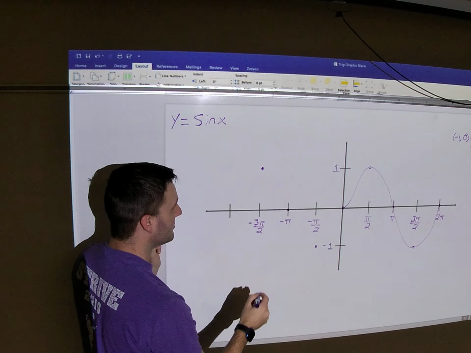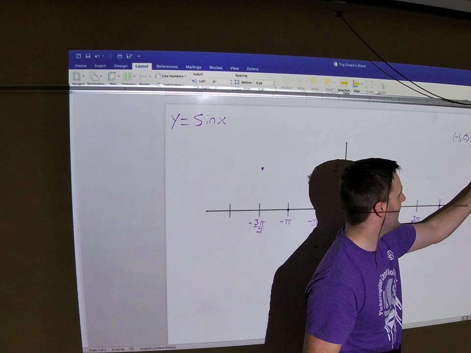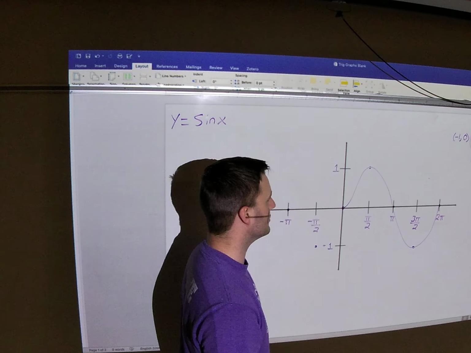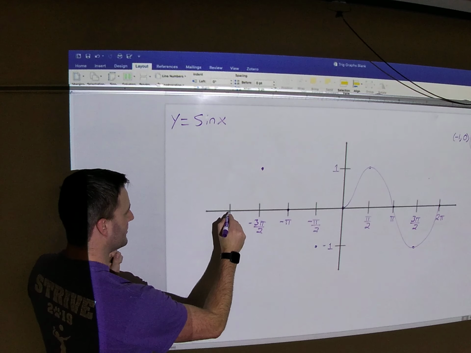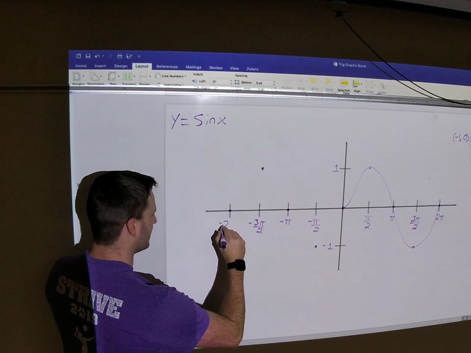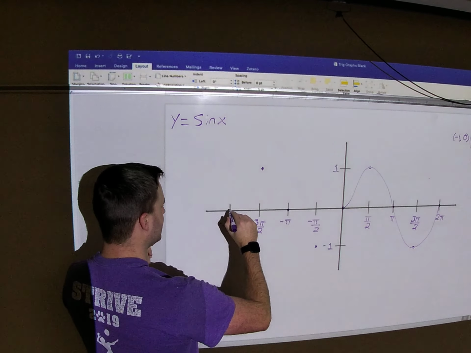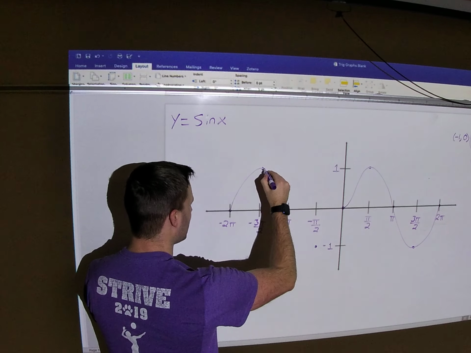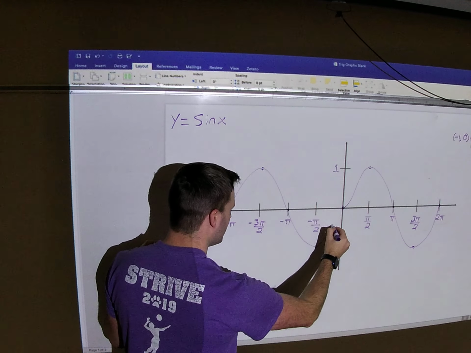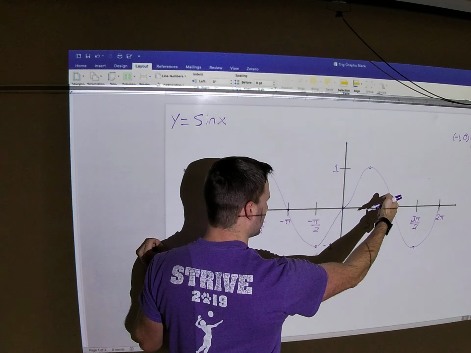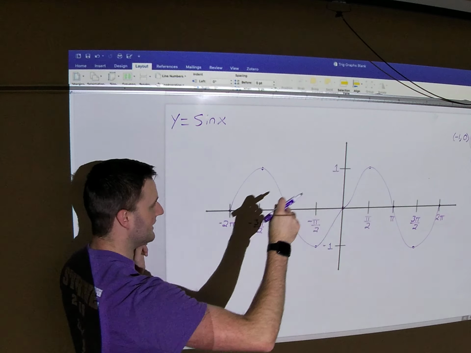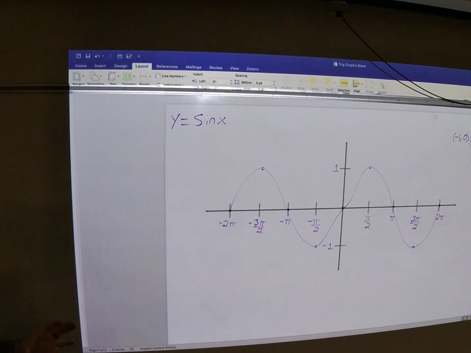And there is a good pattern here. If I go -2 pi all the way around, one revolution, I have a y value, again, back at 0. So -360 or -2 pi. So let's connect these. So have midline, maximum, midline, minimum, midline, continue on, max, midline, min, midline, and that would go on forever. We don't have to stop here.